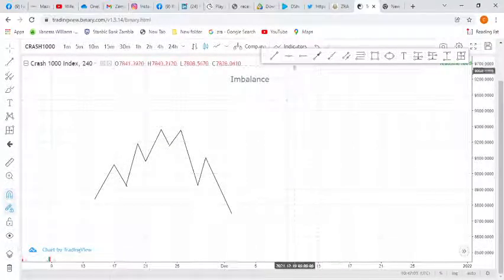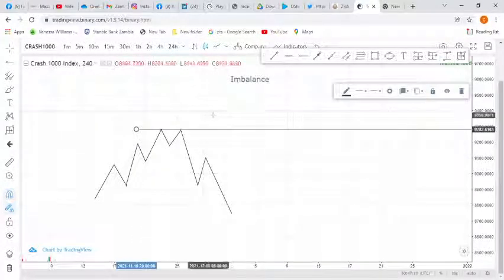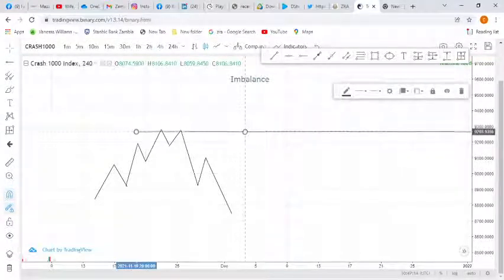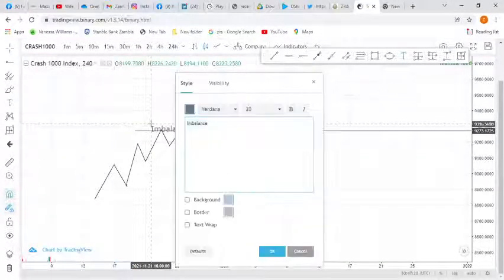According to what we have learned so far, here you can plot your support and resistance. Let me highlight this.